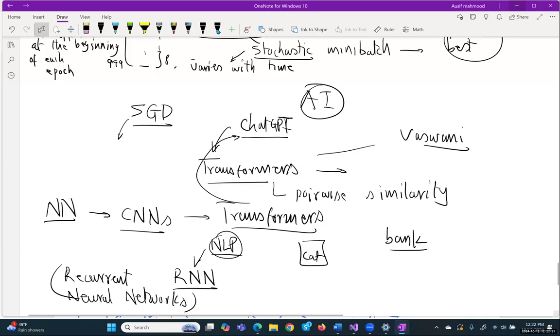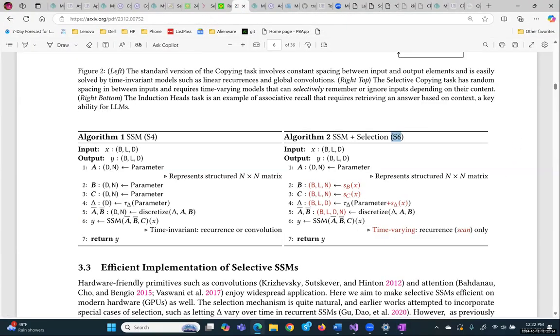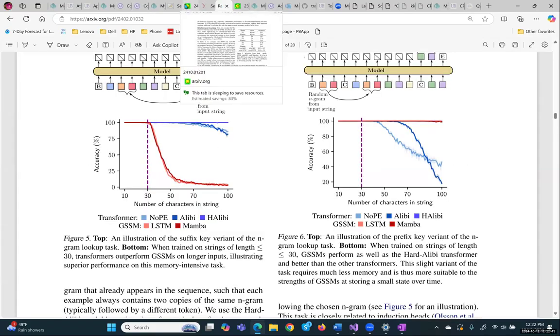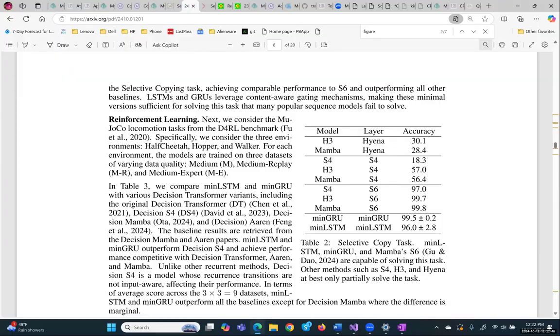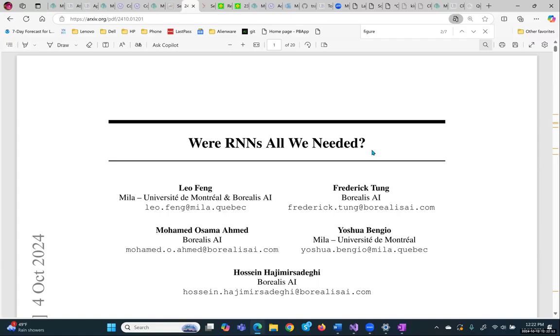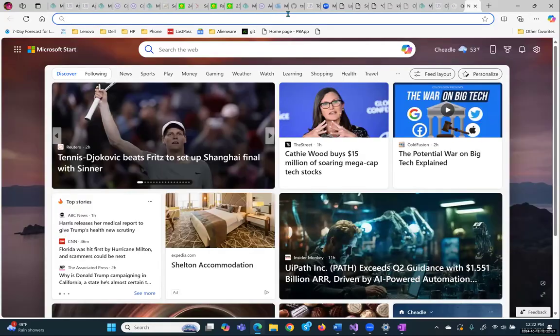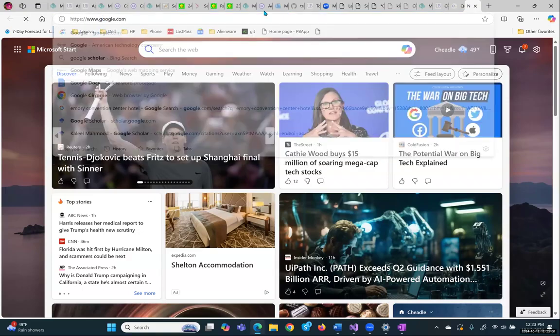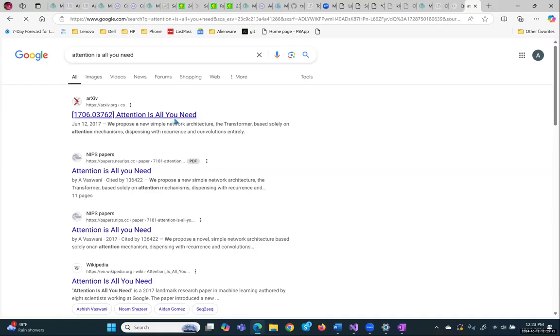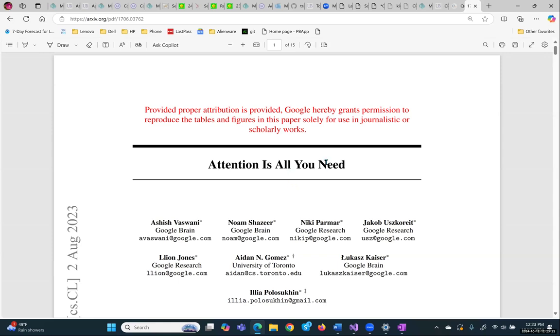So let me show you if I have it open. Okay, so here is the revolutionary paper, which eventually led to the development of ChatGPT, right?